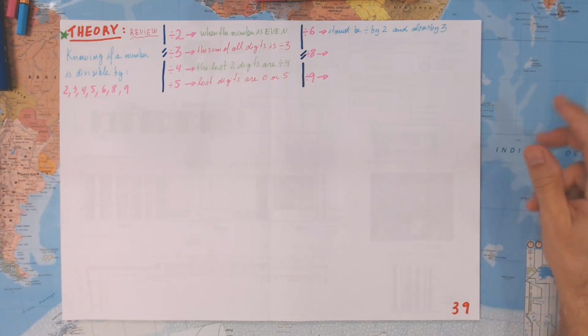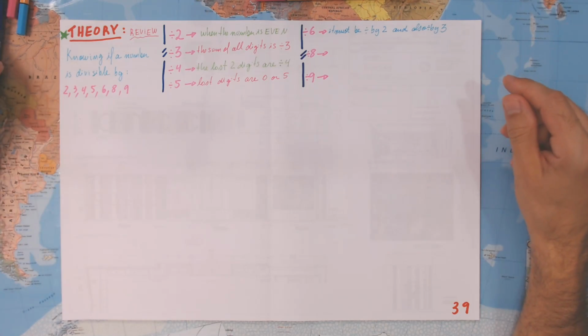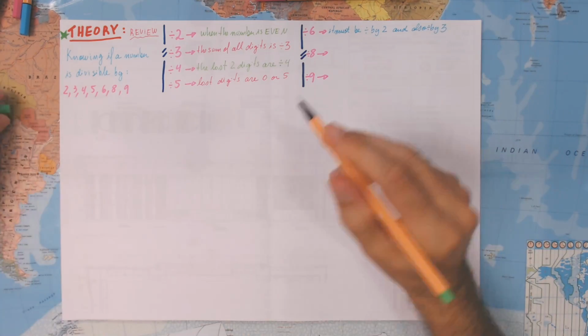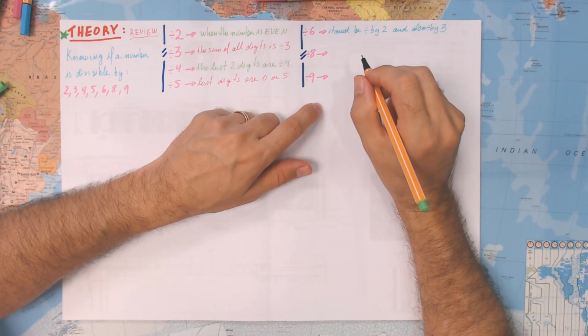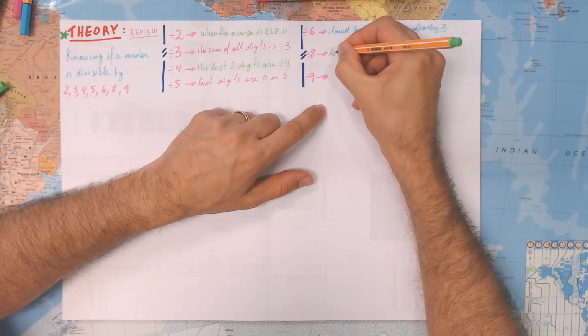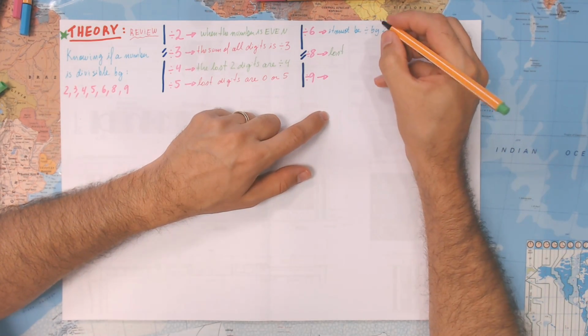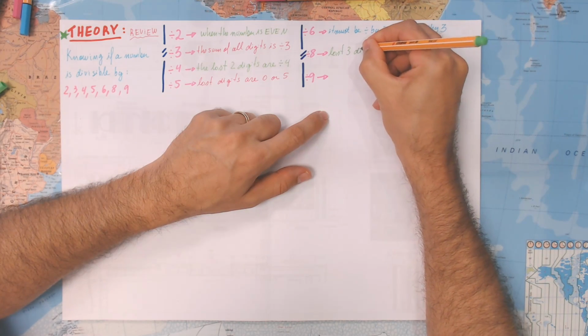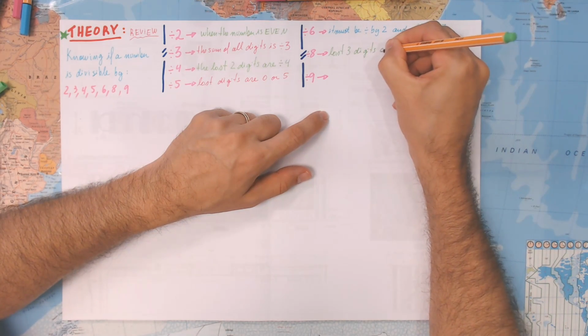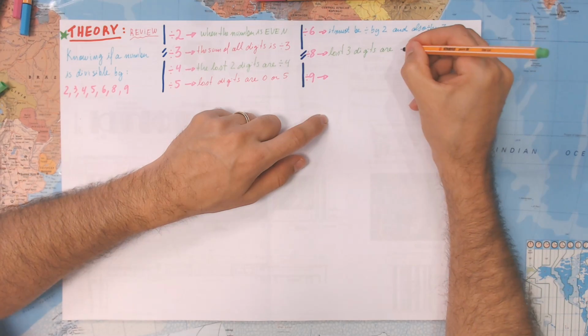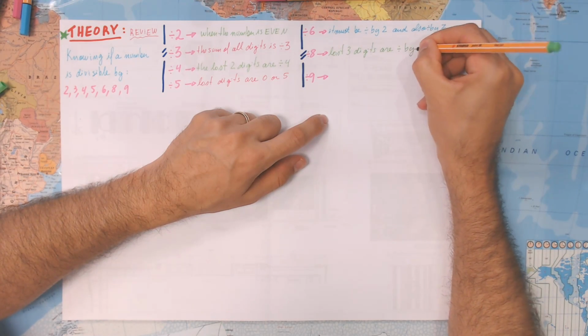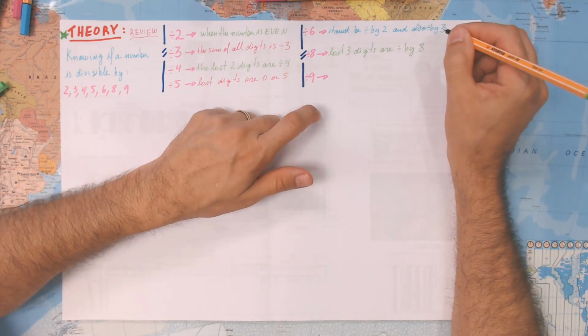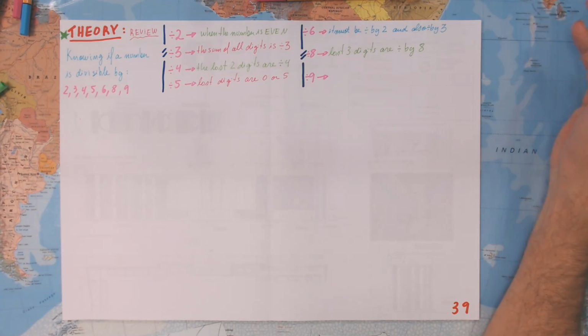Well, the rule to be divisible by 8 is not very interesting, but at least it's something, right? It's when the last 3 digits are divisible by 8. Well, up to 1000 it doesn't help much, right?